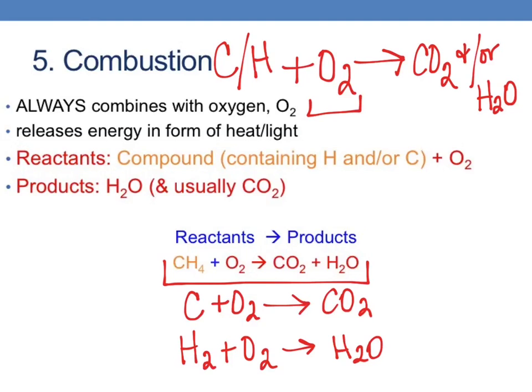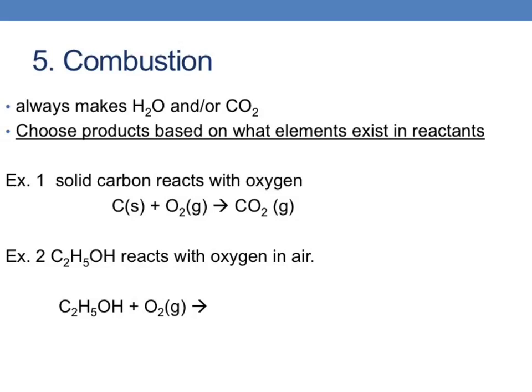So here we go. Let's do another problem. All right. So it makes water and or carbon dioxide. You choose based on what elements exist. So here we have carbon and oxygen, and it gives me carbon dioxide. Here I have C2H5OH. So I have carbons and hydrogens and an oxygen in here reacting with oxygen, and it's going to produce what?